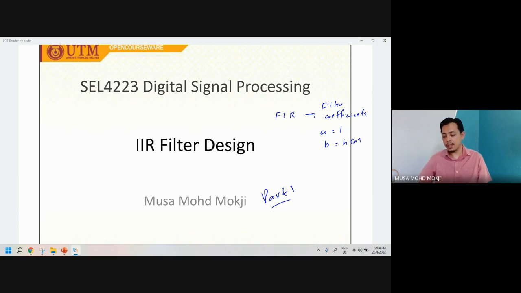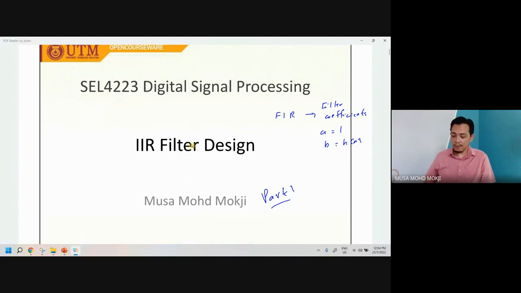That's why in designing an FIR filter, what we are trying to find is h[n], because we are actually finding B, the filter coefficient. We don't need to find A, because A is fixed to 1. So the equation is h[n] equals something sinc of something, multiplied with a window function, because we are using the windowing method.